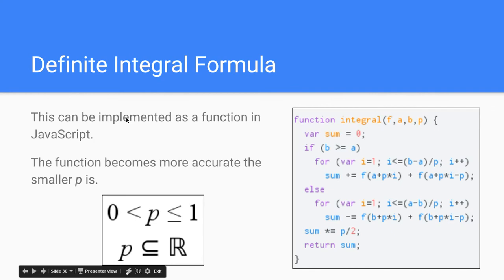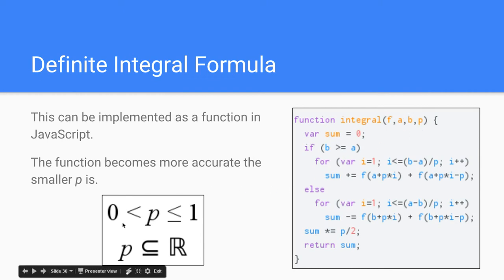This can be implemented in JavaScript as a function. The function becomes more accurate the smaller p is, but p can't be 0. So this is the function. It's the same thing we just mentioned here. So f, a, b, where p is essentially our epsilon. So that's your infinitesimal, but you can't actually use an infinitesimal in JavaScript. But what you can do is just make p really small.